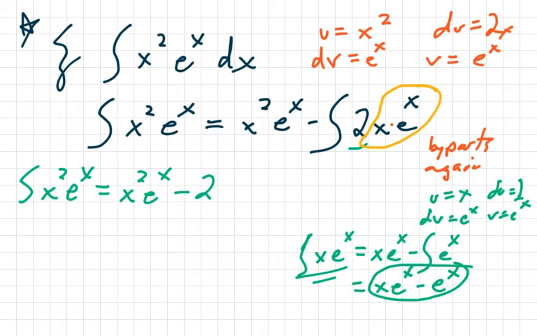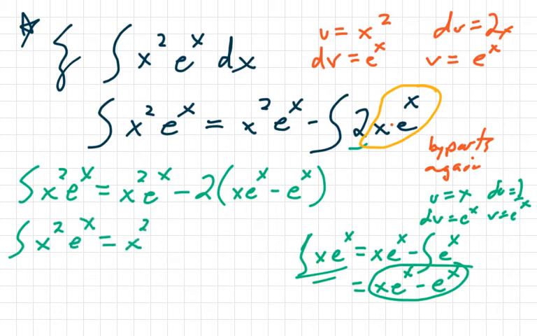So that, what we just figured out, is the answer. So minus 2 times x e to the x minus e to the x, like so. And now we can go and simplify that if we want. So the answer here, x squared e to the x equals x squared e to the x minus 2x e to the x plus 2 e to the x.